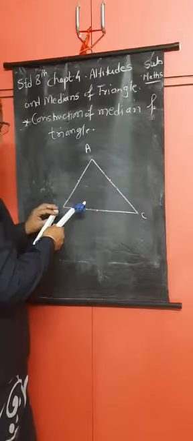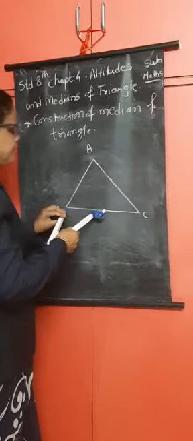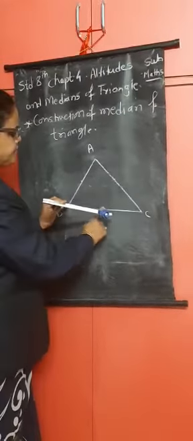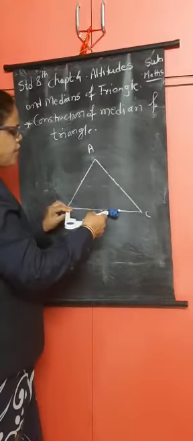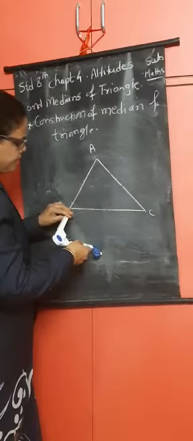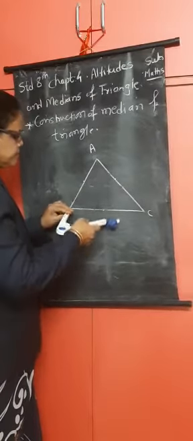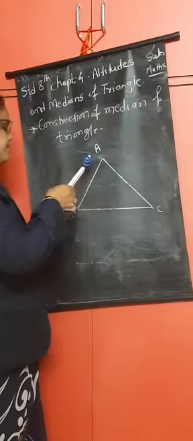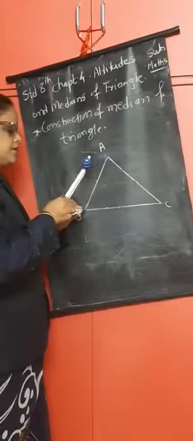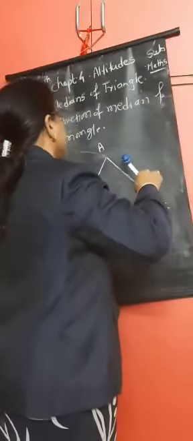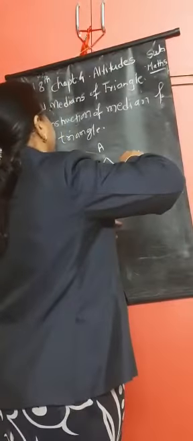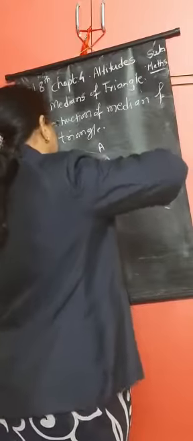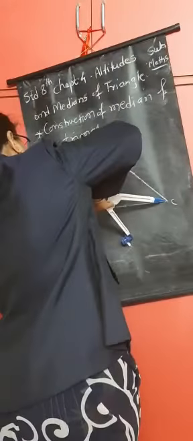So, with the help of the compass, we draw a perpendicular bisector of BC. Again, without changing the distance, we make an arc, and then without changing the distance, we take an arc on this side.